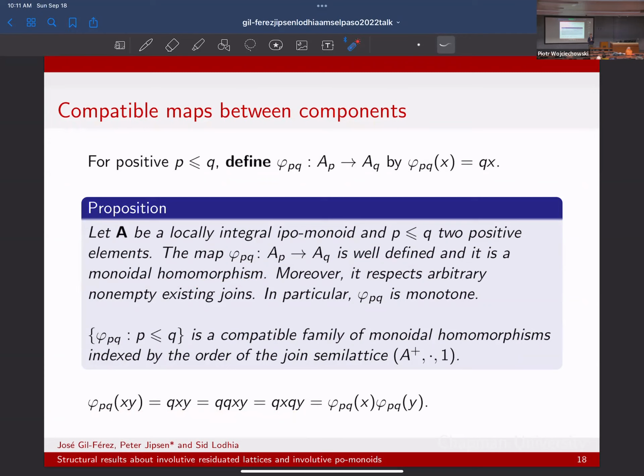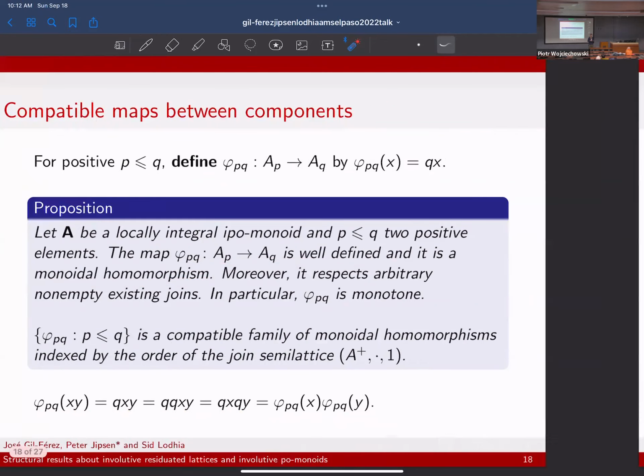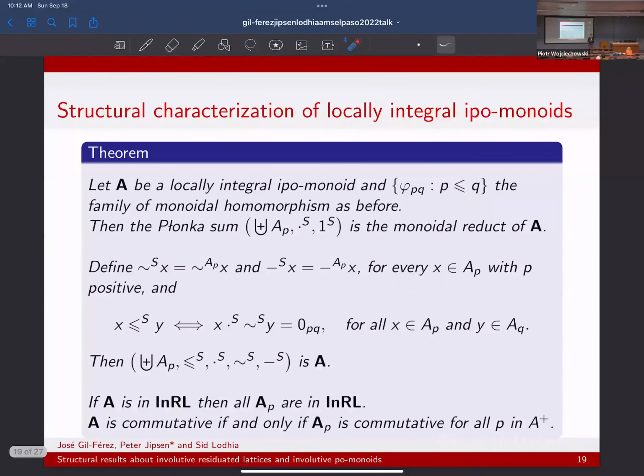And q is central, so you get to switch the qx in the middle, and now you have what you wanted, right? So it's almost tailored to work. Of course, we didn't say centrality in the assumptions of local integrality, but it turned out that local integrality forced centrality on the elements in the positive cone.